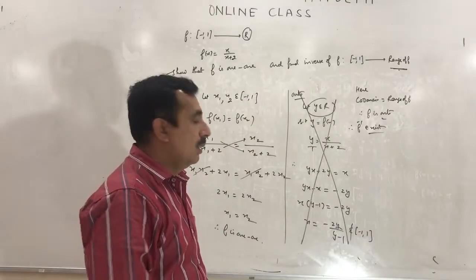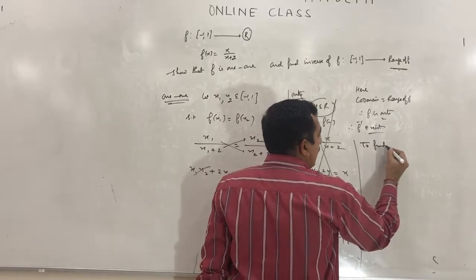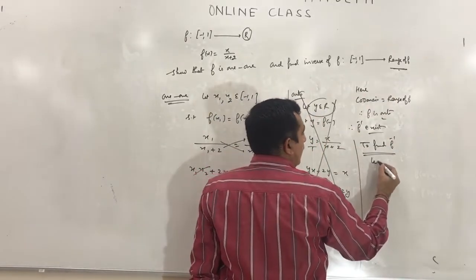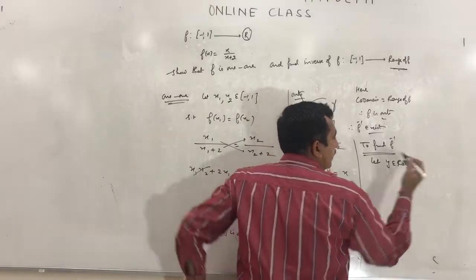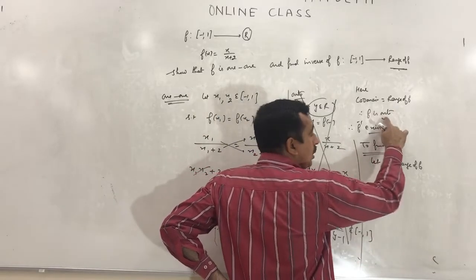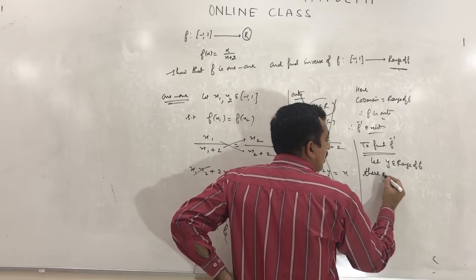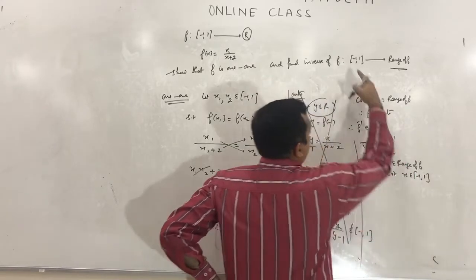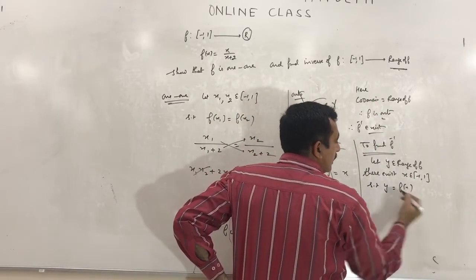And now to find the inverse. First step, let y belong to the range of f. Because it is onto, there exists x belonging to -1 to 1 such that y equal to f(x).